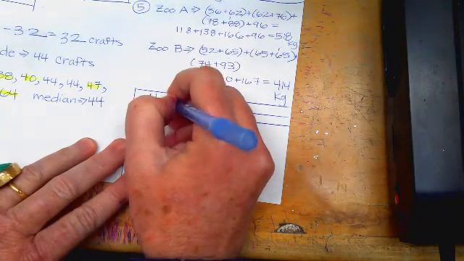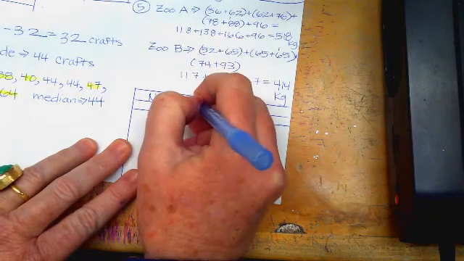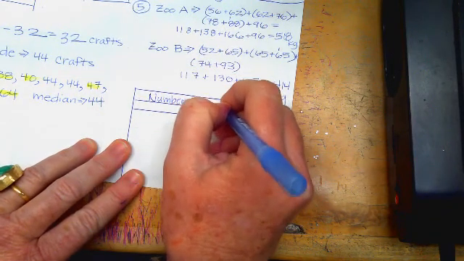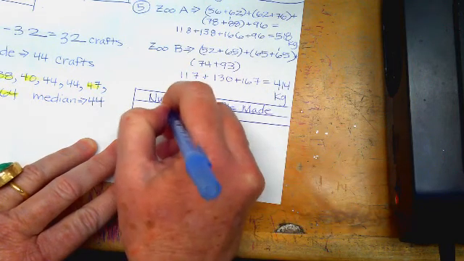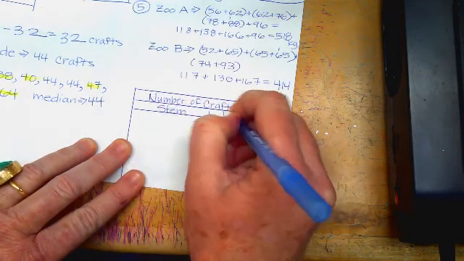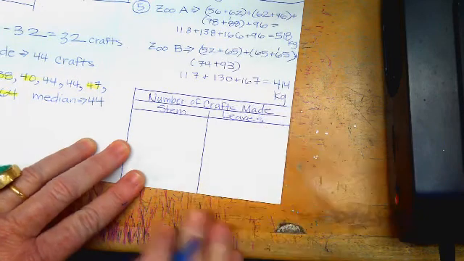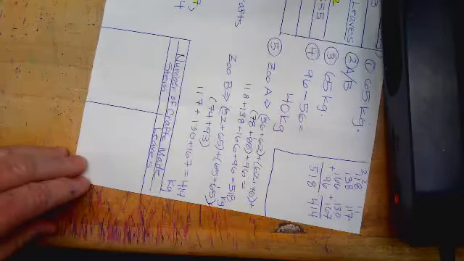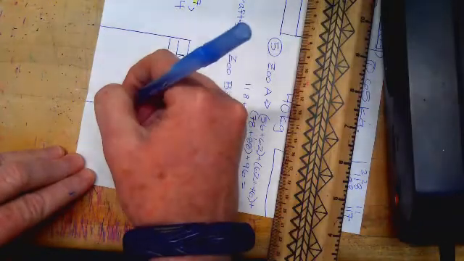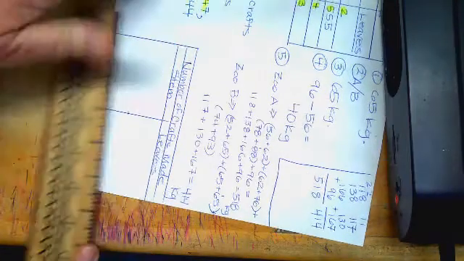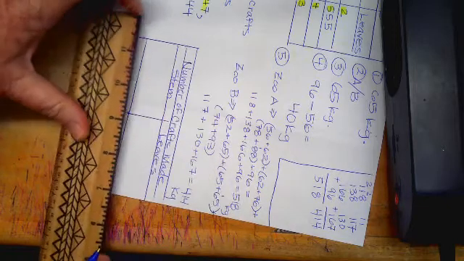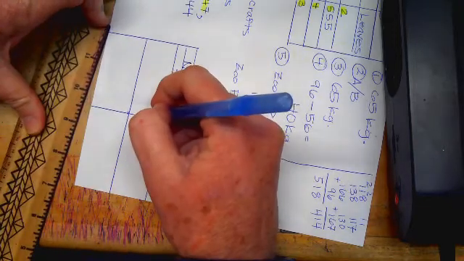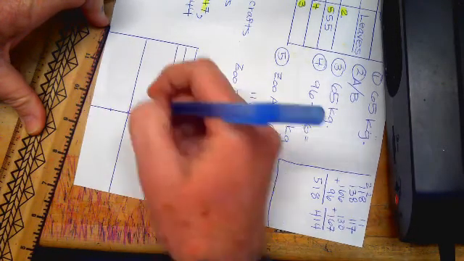So I'm going to go like this. This is number of crafts made. This is going to be the stem. This is the leaves, right?